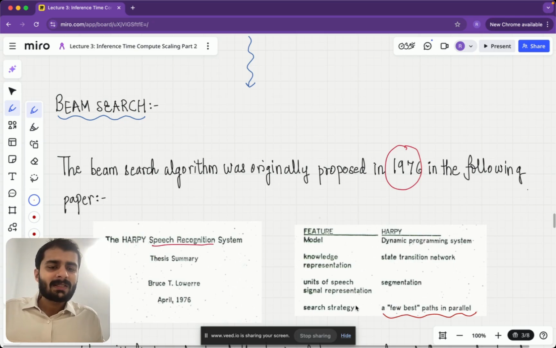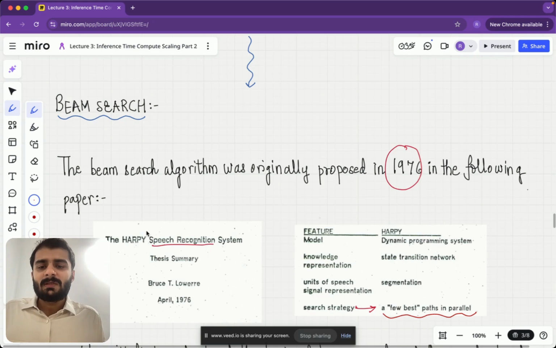And here you can see that the name of the search strategy is a few best paths in parallel. So this is quite an ancient algorithm, we can say. It is not an algorithm which was developed by LLM researchers or AI researchers. It was developed way back, around 50 years back, where the name was not even given as beam search, but the algorithm was very similar to the modern algorithm.